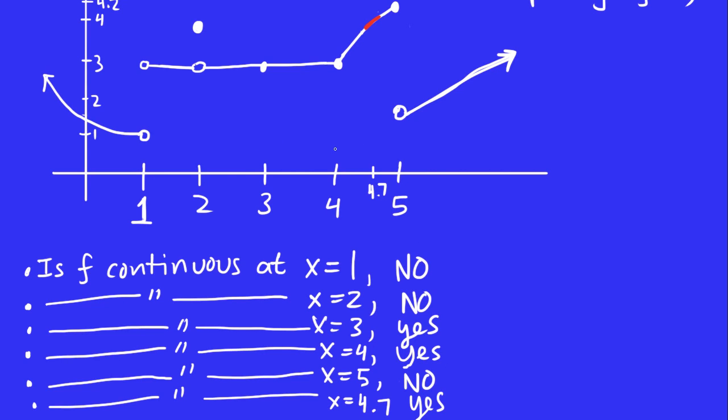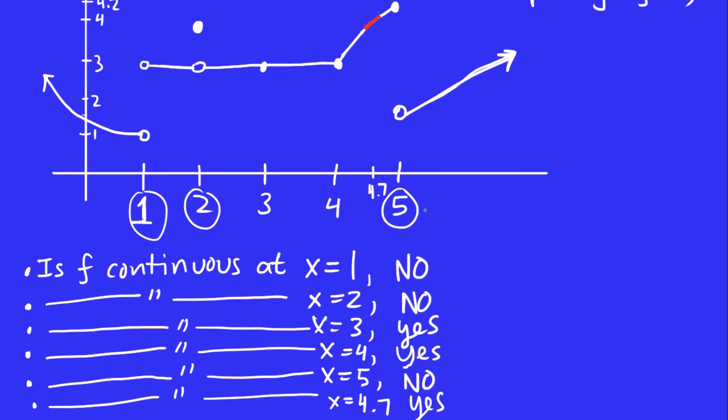So really, if I were to ask you, which numbers is this function discontinuous at? The answer would be the only numbers in this entire domain where this function is discontinuous are at 1. That's a bad one because we have a break there, and it's not even defined there. At 2, that's a bad number because the function has a break there.